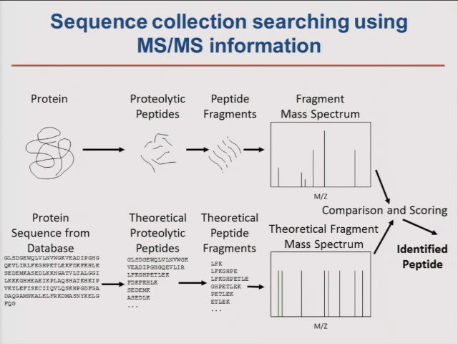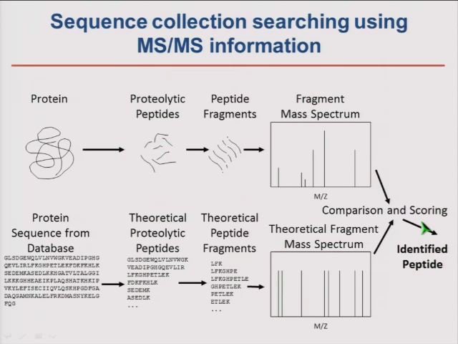You can compute the masses of each peptide. You can fragment each peptide theoretically according to the same rules as applied in the mass spectrometer. And you end up with a theoretical mass spectrum for each peptide in the sequence collection, which you can compare with your experiment. And in each comparison, there is some kind of computation that yields a score.